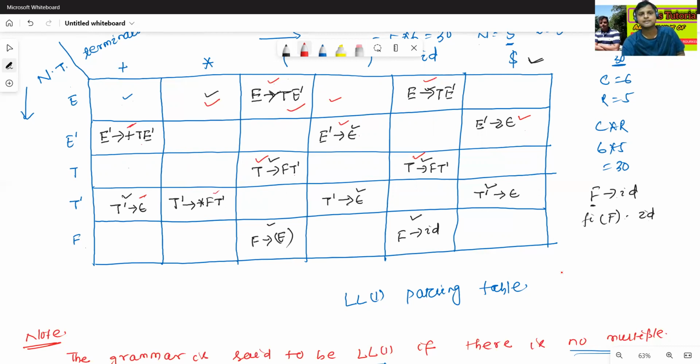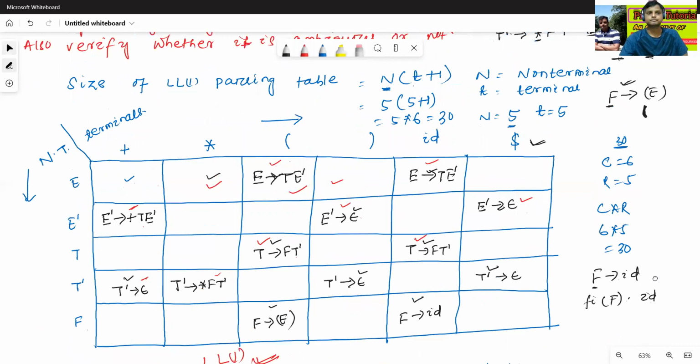So this grammar is called LL1. If any box contains multiple entries or multiple productions, this grammar is not LL1. Here each and every box is either empty or contains only one production, so that's why this grammar is LL1.